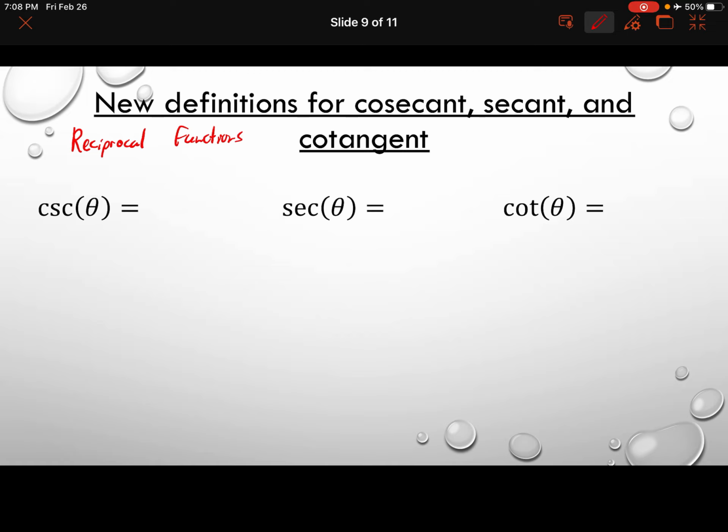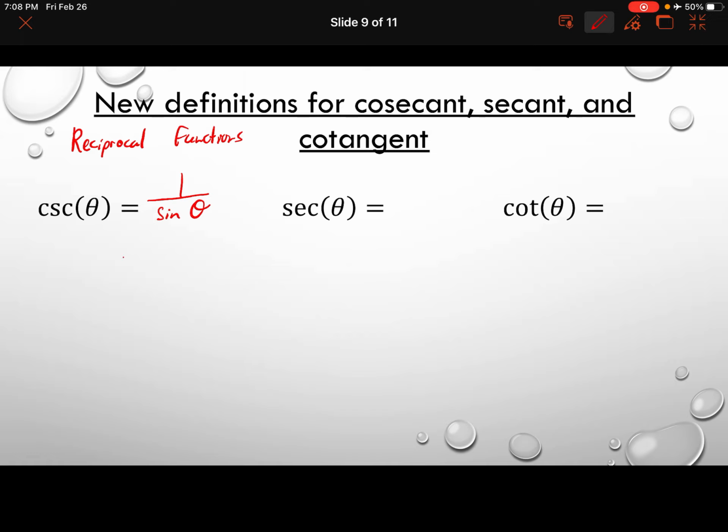So cosecant, if you recall, is the reciprocal of sine. So another way to think of cosecant, in the past we did hypotenuse over opposite. Another way to think of cosecant, since it is the reciprocal of sine, is 1 over the sine of theta. That is literally the reciprocal of sine.